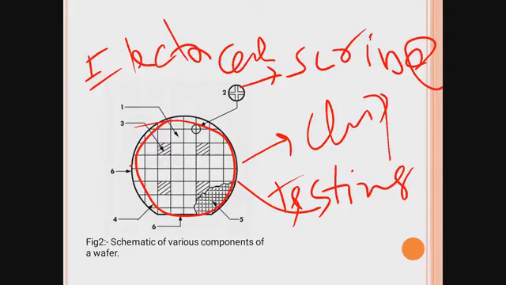There are a number of different steps included in IC fabrication. Typically, a wafer moves from one processing step to the next, similar to assembly line manufacturing.